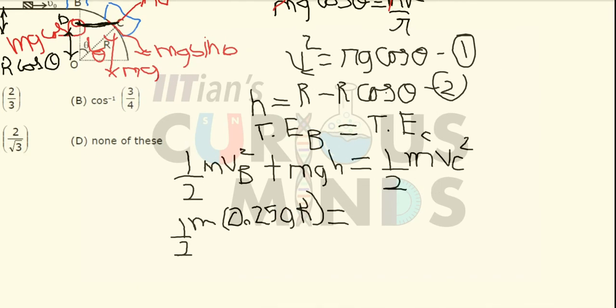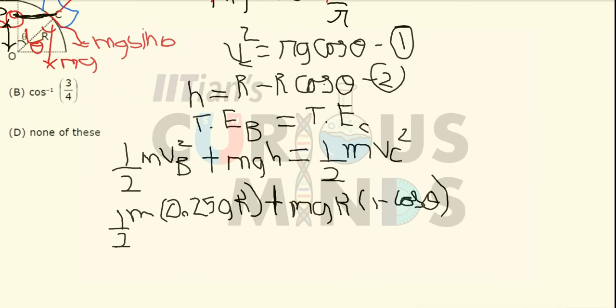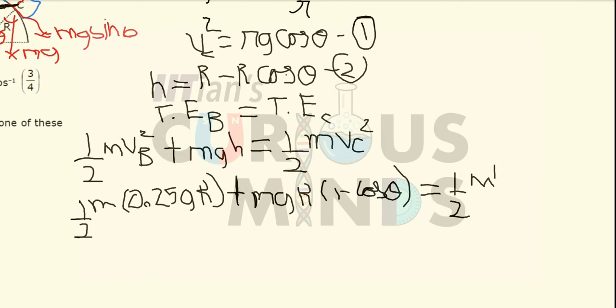Plus mgh, so it will be equal to mgr times 1 minus cos theta. This will be equal to half mv square, and v square can be written as rg cos theta. So it will be equal to half m rg cos theta.